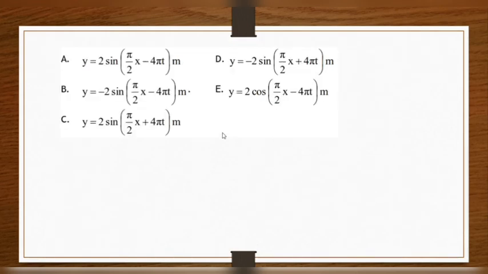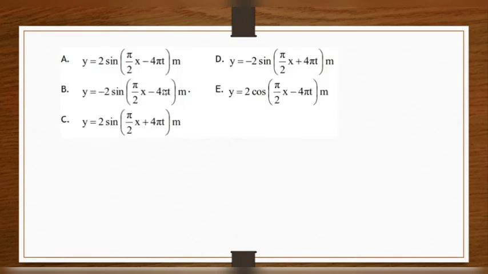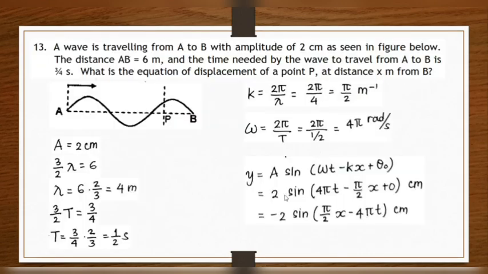And the answer, if you see the options, we don't have the equation similar to this one. So we need to change this equation into kx minus omega t, because all are in kx minus or plus omega t. So we change the equation.